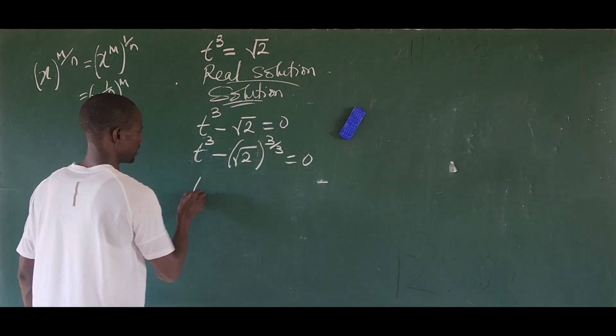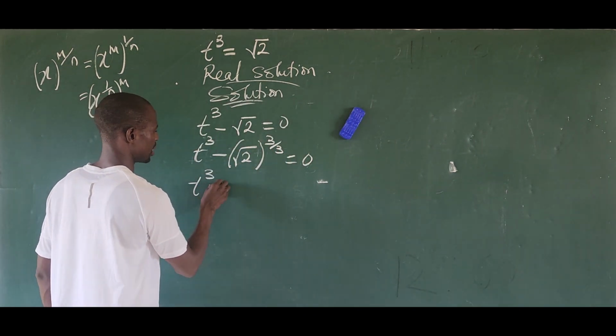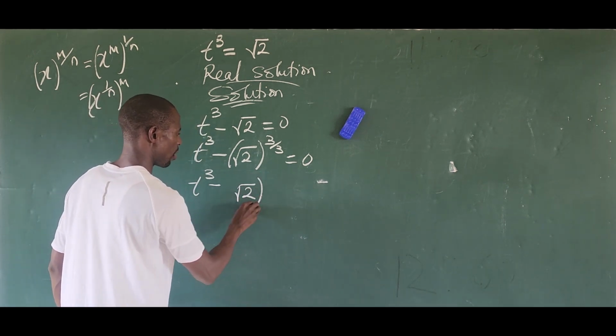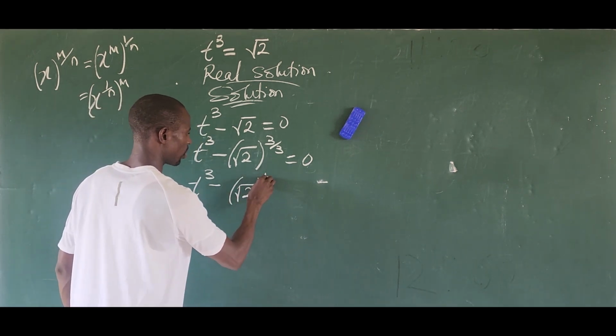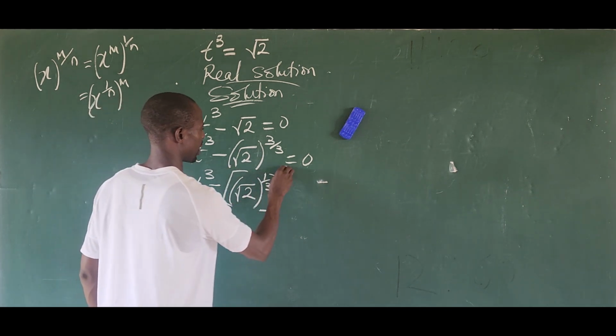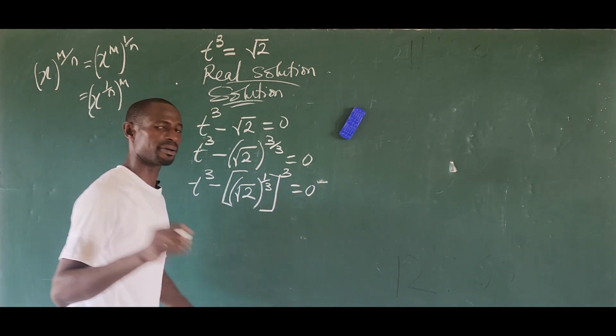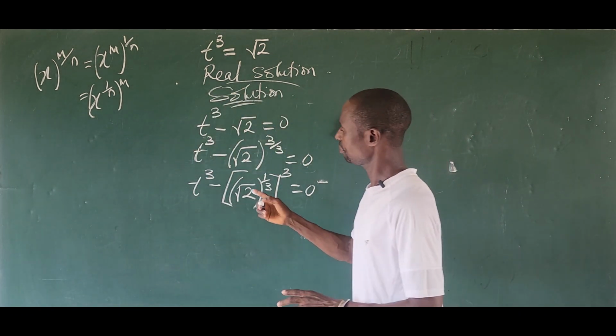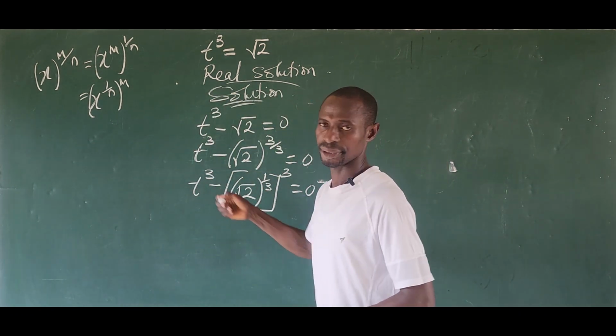So this could be written as t to the power of 3 minus the square root of 2 all raised to the power of 1 all over 3, then all raised to the power of 3, this is equal to 0. So here we have what we call difference of 2 cubes. So what does it say?